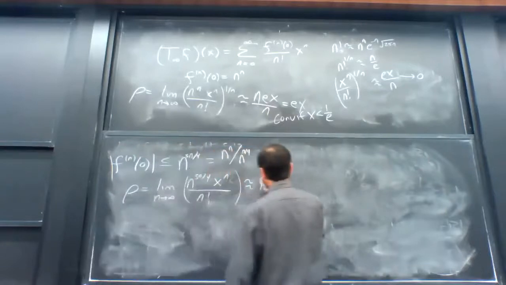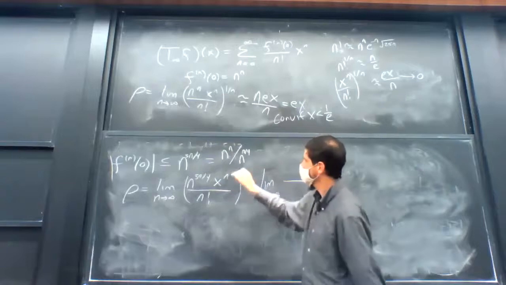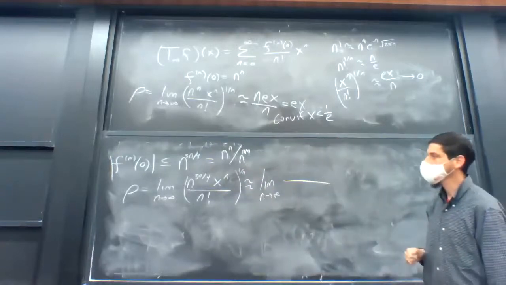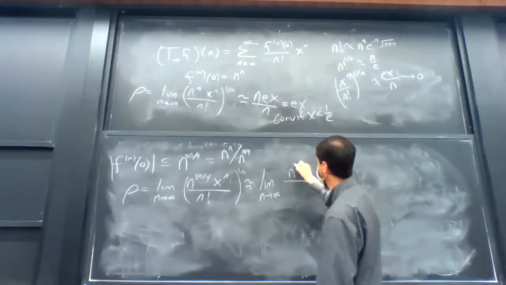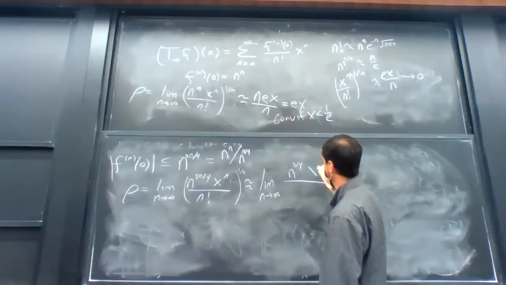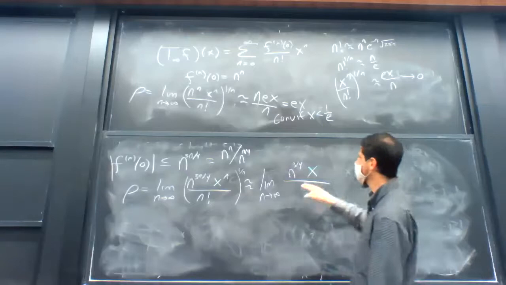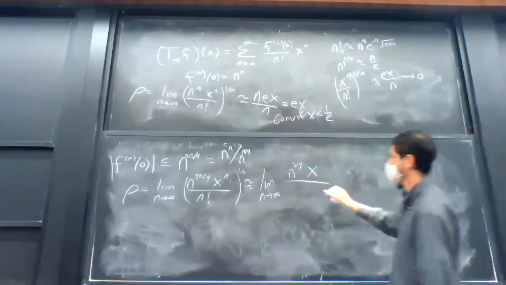This is approximately the limit as n goes to infinity, and this is taking the 1 over n power. Well, n to the 3n over 4 to the 1 over n is just going to be n to the 3/4. We'll have x, and then n factorial to the 1 over n. We said n factorial to the 1 over n is about n over e.